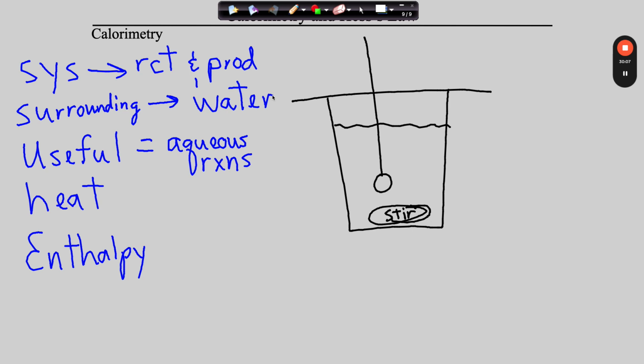And guys, it's exothermic. So which direction is heat flowing? Out of the system and into the surroundings. So guys, heat is flowing, so Q system is flowing into Q water.